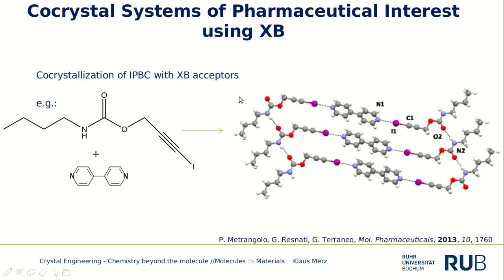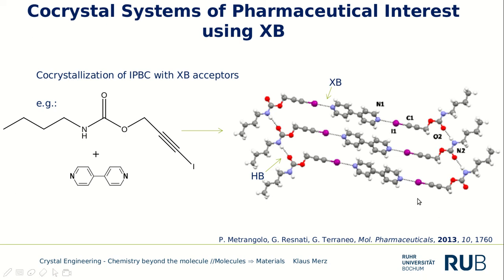This is the crystal structure. Here is our API. Here is our coformer. And you see between the APIs we have hydrogen bonds, and additionally between the API and the coformer we have halogen bonds.